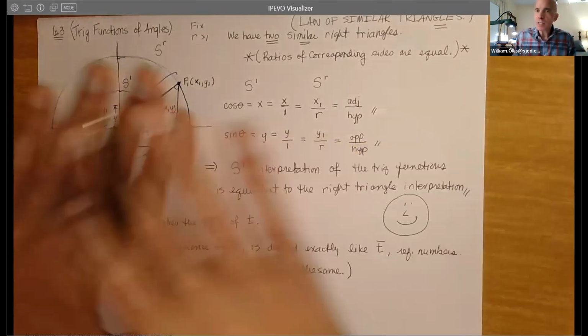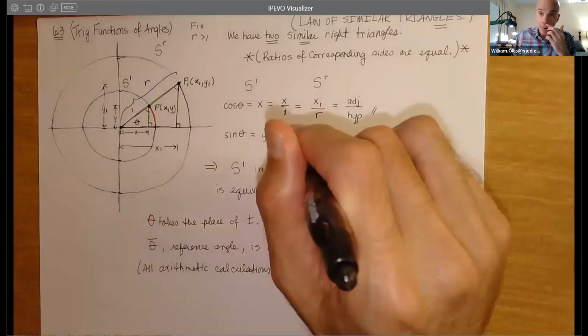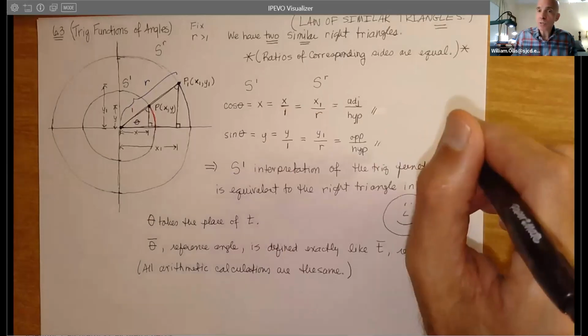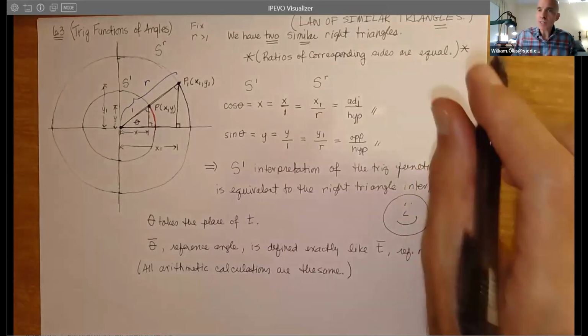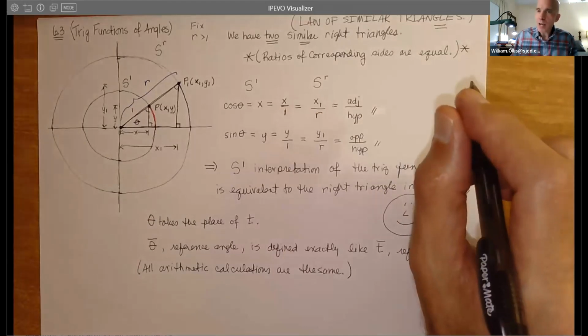All of these problems are done the same way. You just, instead of drawing a t, you're drawing a theta, but now you can use the fact that you understand right triangles if that's going to help your calculations at all.